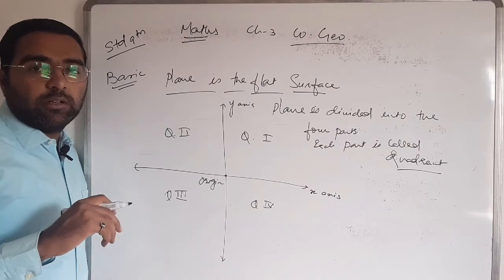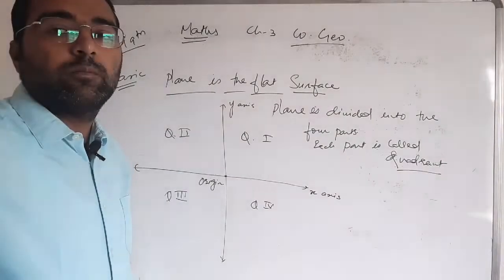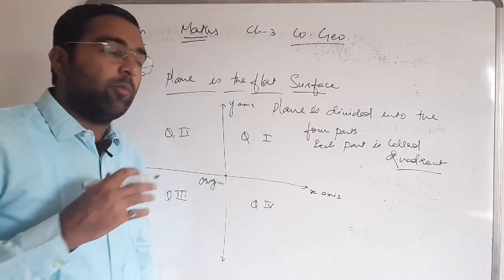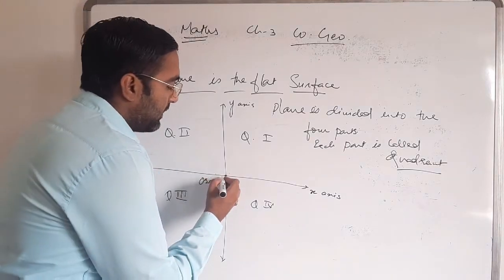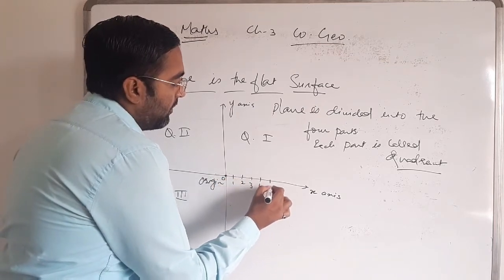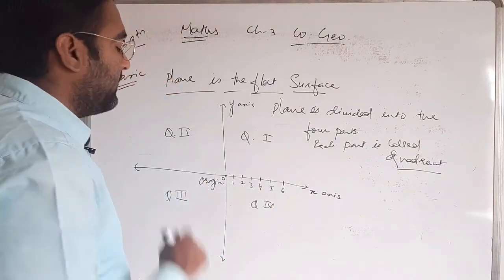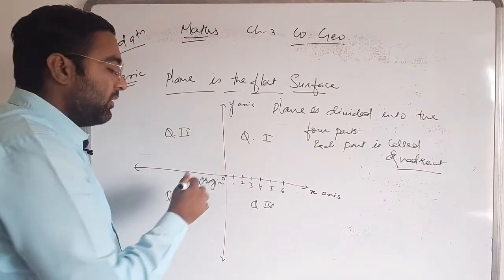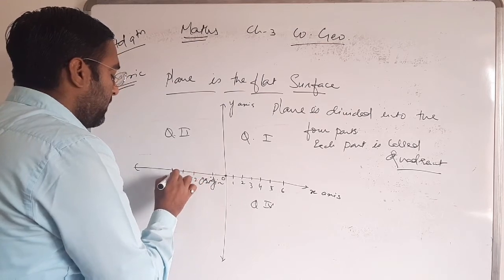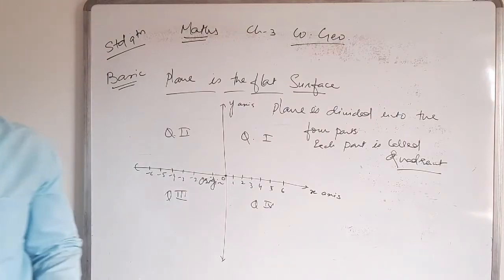Now, as per the number line, we are giving 0, after that 1, 2, 3, 4, 5. We write positive values on the right side and negative values on the left side. In this same case, we write negative values on the left side and positive values on the right side.